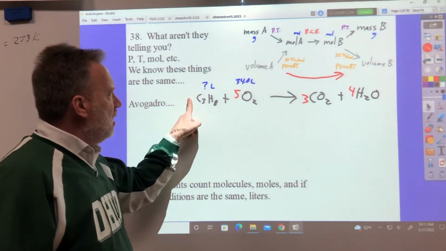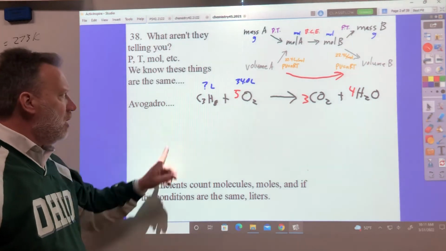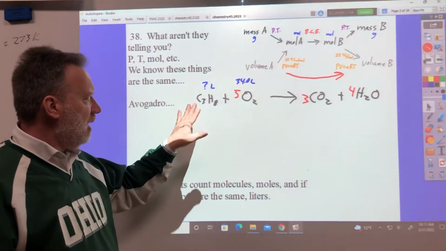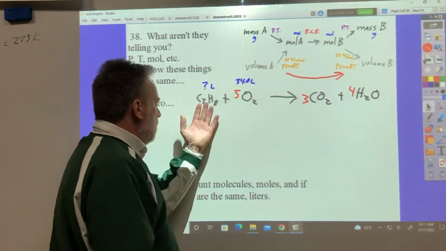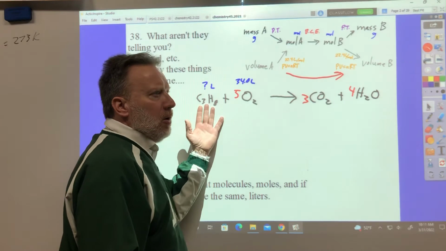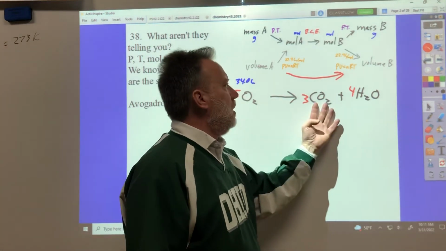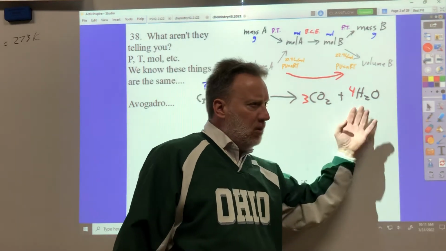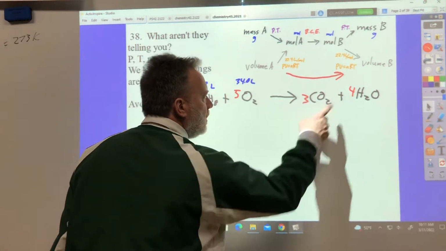So remember that these coefficients that go in here when you balance the equation, these are the molecules. Or in this case, every compound here is a molecular covalent compound. Propane's a molecular covalent compound, oxygen's a molecular covalent element, carbon dioxide's a molecular covalent compound, water's a molecular covalent compound. So these numbers count molecules.